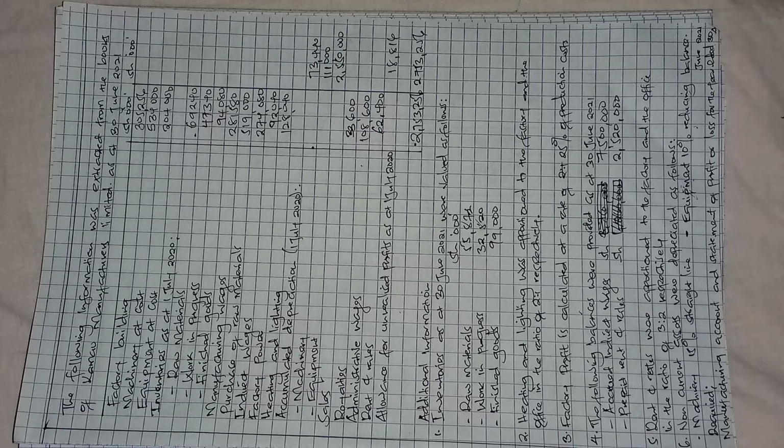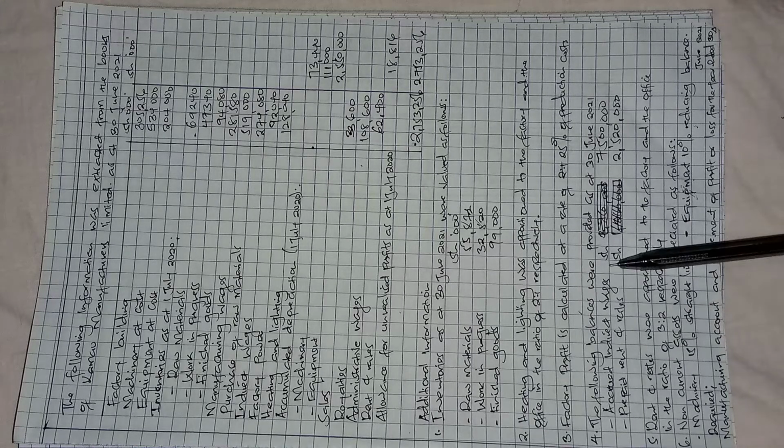We go to 3. Factory profit is calculated at a rate of 25% of production costs. That information we'll use later on. Then we go to 4. The following balances were provided as at 30th June 2021. We have accrued indirect wages amounting to that.